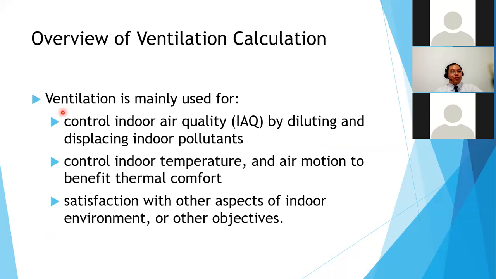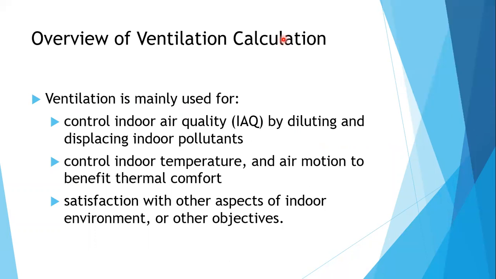What is ventilation used for? Ventilation is mainly used for 3 purposes. First is to control the indoor air quality, or IAQ. This is to have better air quality inside the space. Second, to control the temperature through air motion. So you're introducing air so it won't be too hot or too cold. And third, to satisfy other aspects of the space.